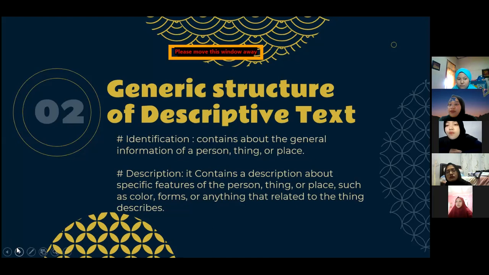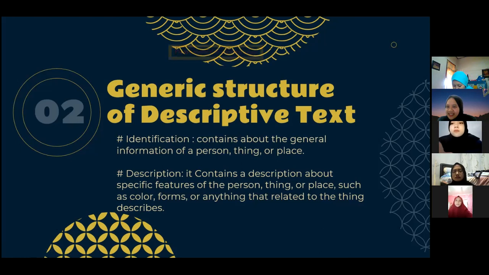In the last sentence of the third paragraph, it is written that Borobudur is entered into the seven amazing wonders of the world, right? So it's called the description, which contains the specific information.